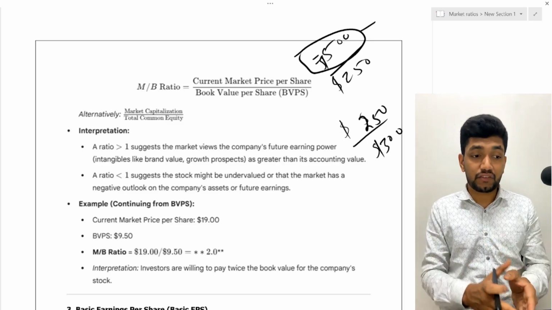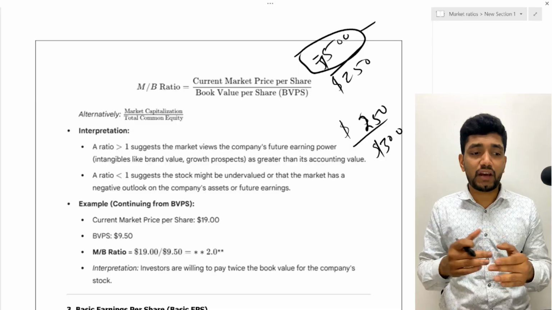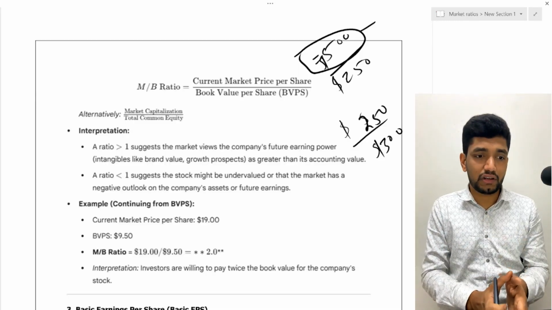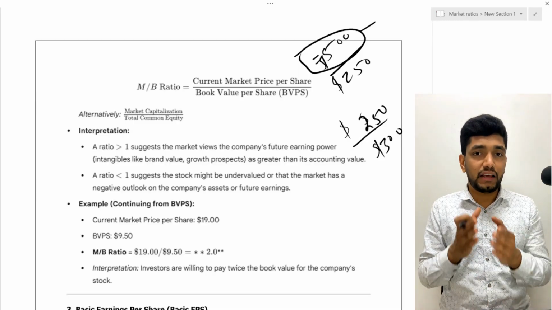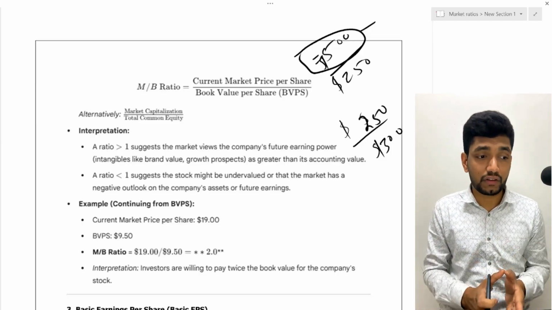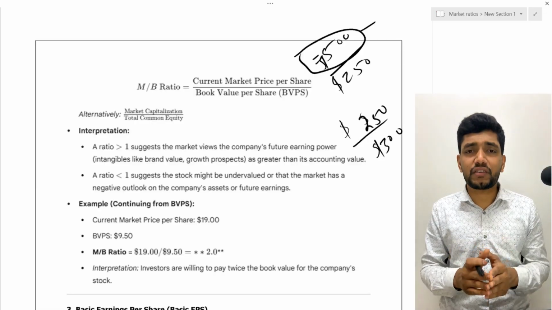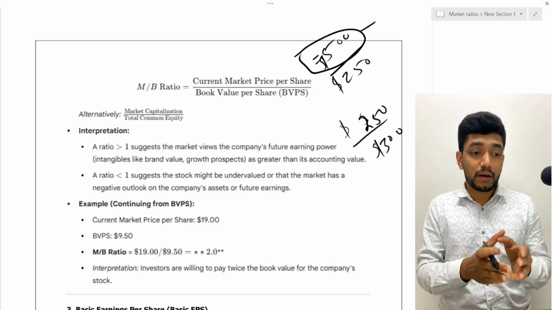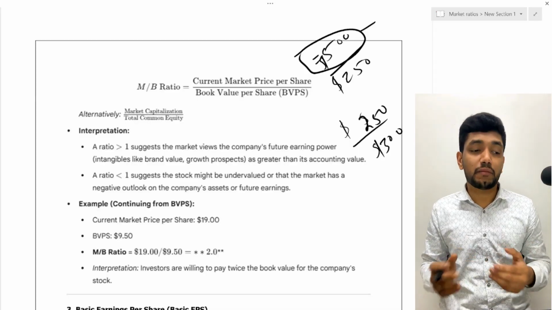Again, if the ratio is less than 1, it indicates that the stock is undervalued, which can be one indication. If it is undervalued, that is a great investment opportunity, or there are other possibilities also. Maybe there is a negative outlook on the company's assets or future earning in the market.